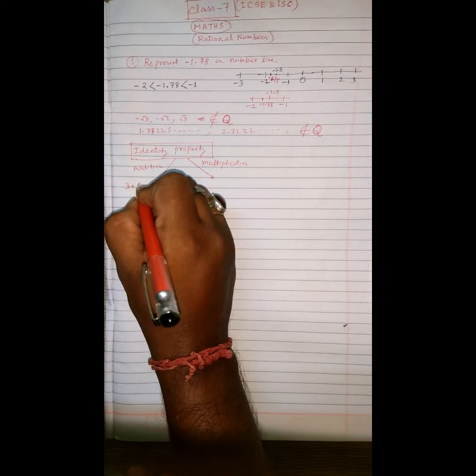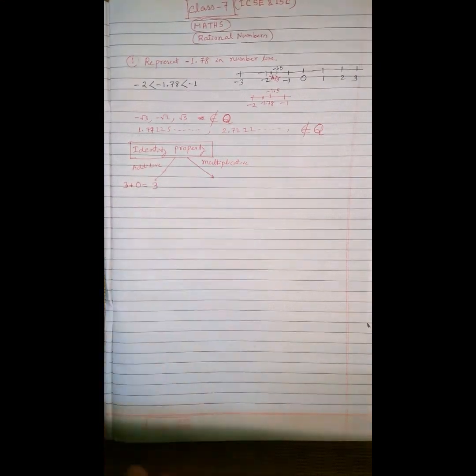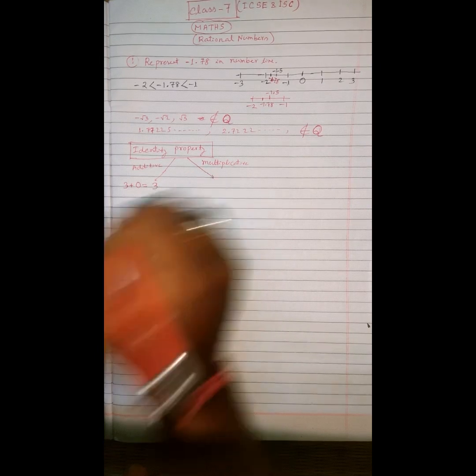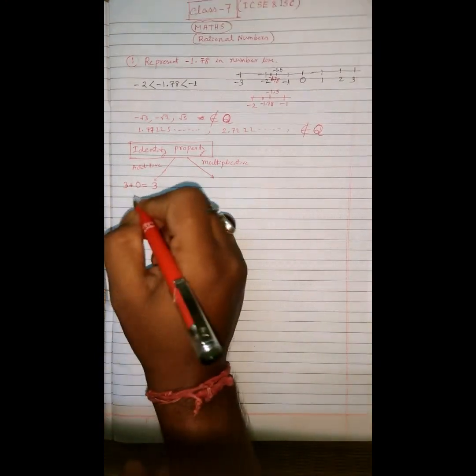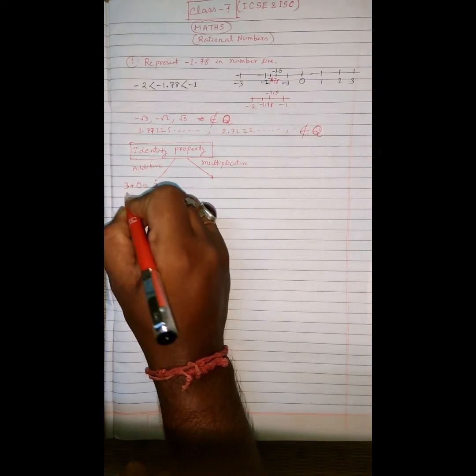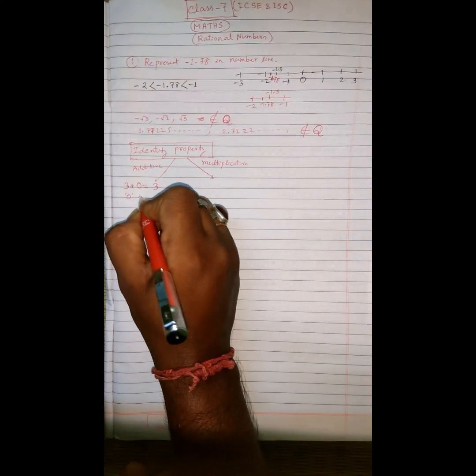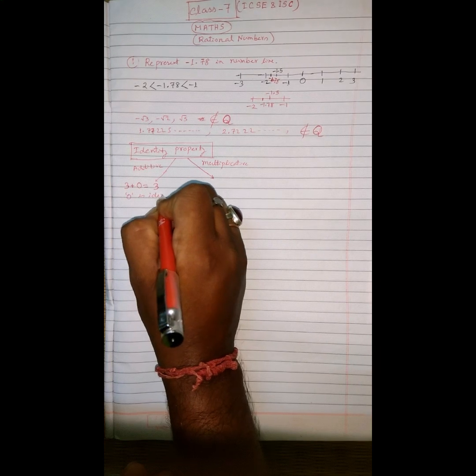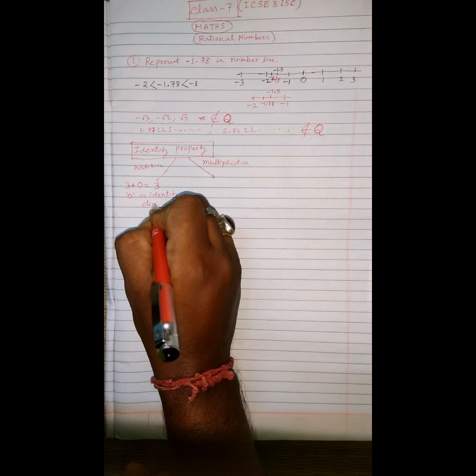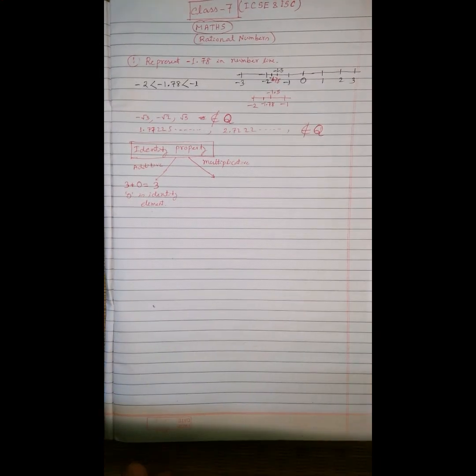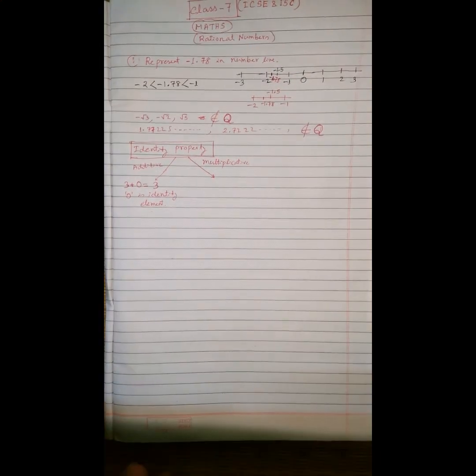That means 0. Any number when added with 0, the number is returned. So we can say that 0 is called the identity element for addition.